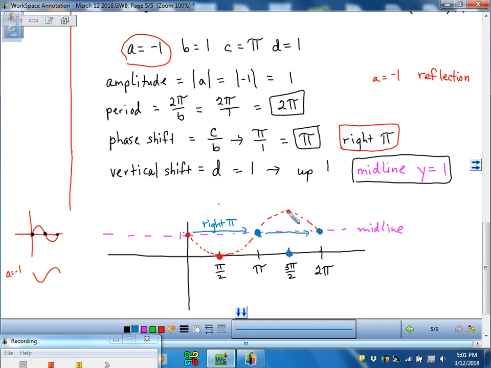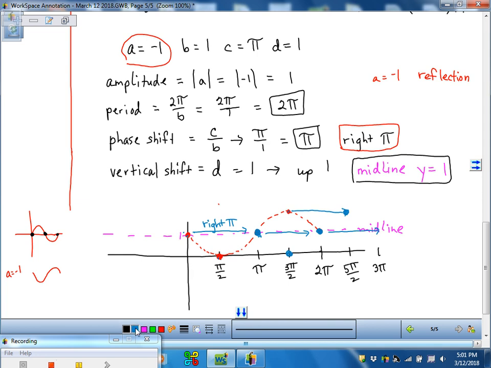Go to my fourth point and I move it pi to the right. So it's going to end up at 5 pi over 2. Same height. And then I'm going to take my last point and move it pi to the right. And it's going to end up at 3 pi.